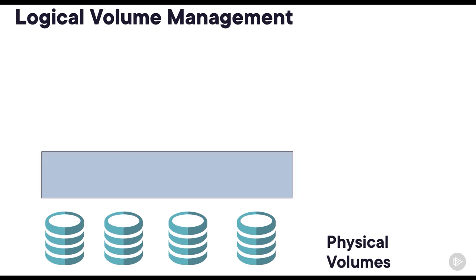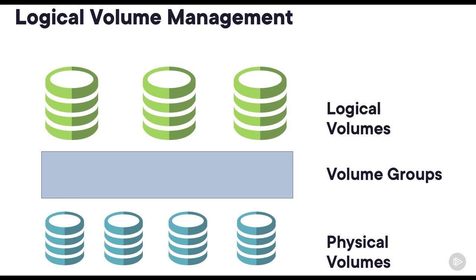Moving above this, we group the physical volumes together, and this level is known as our volume groups. Our final jigsaw puzzle is our logical volumes, and they consume space from our volume group. As long as there's more space available in the volume group, we can increase the size of our logical volumes even when they are mounted.